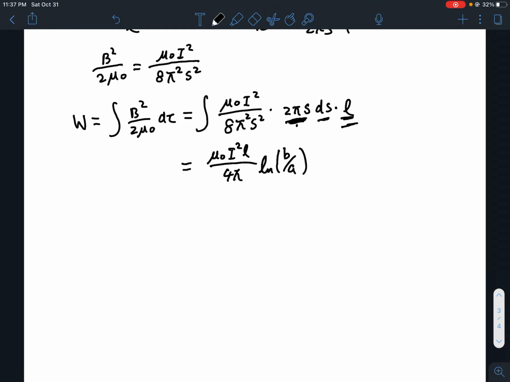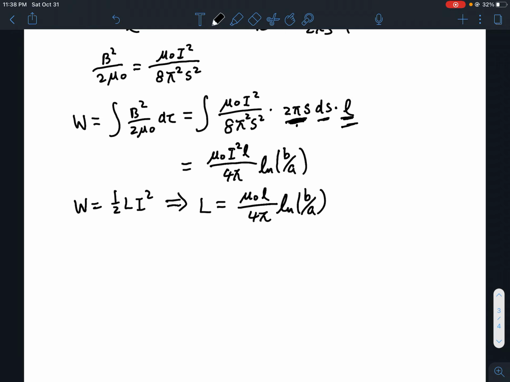So this is the amount of energy that is stored in this cable with a length of L. And from here we can also calculate the self-inductance, because W equals 1/2 L I squared. So the inductance is mu 0 times L divided by 2 pi times log of b divided by a.